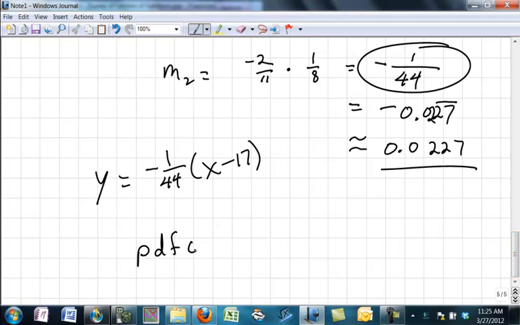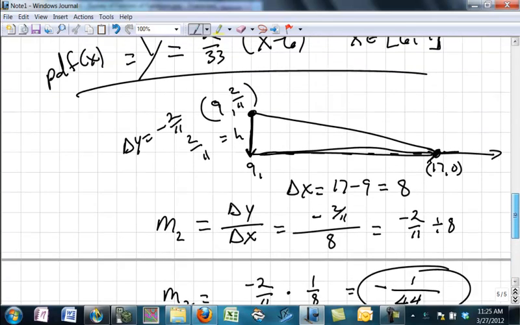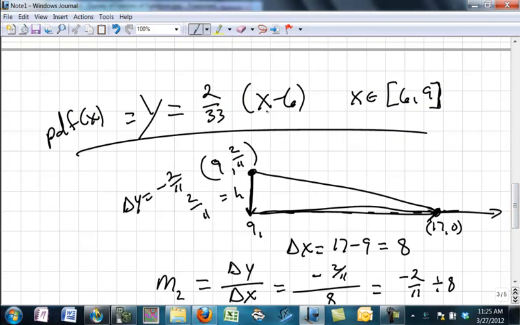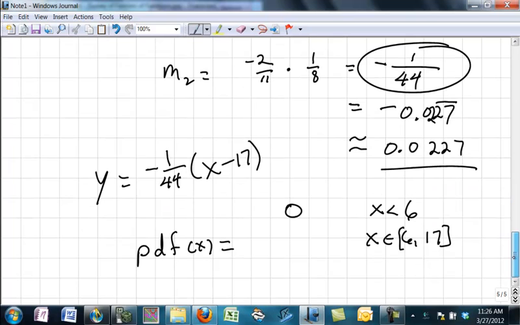So now we can write down the full formula for the PDF. Okay, for x less than 6, it's 0. For x between 6 and 17, it is, what do we have up here? Here it is, 2/33 times x minus 6. And I'm sorry, that's not up to 17. That only works up to what point?